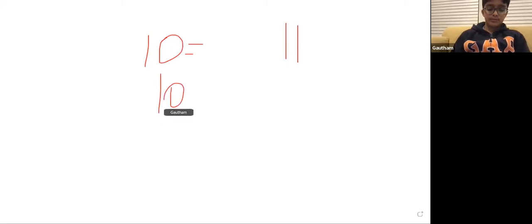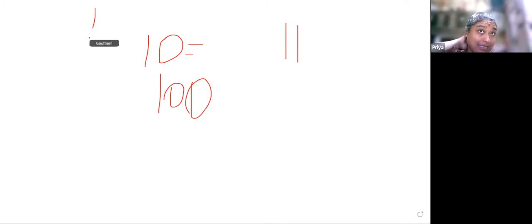You know normal estimation. Do you know how to do it for imperfect squares? All right, I'll give you an example. Say I do not know the square root of 11 and I want to find out. No, estimation you usually use for square roots in decimals, not for perfect squares.